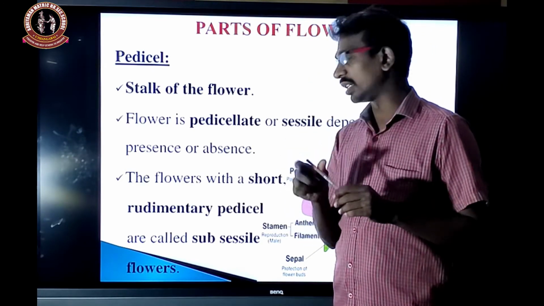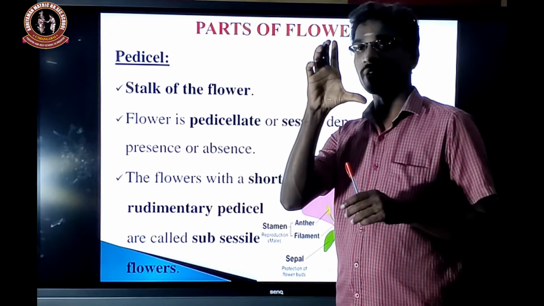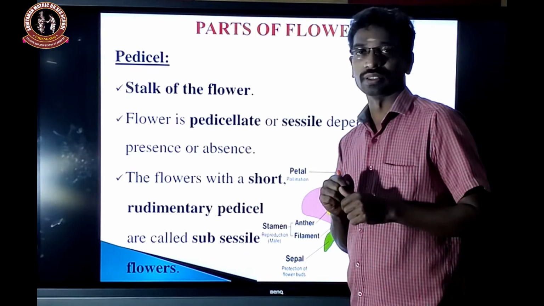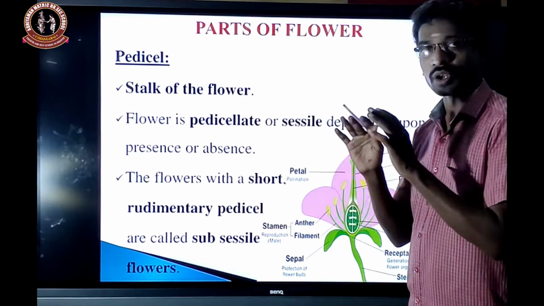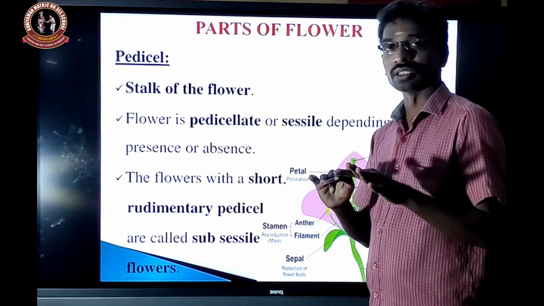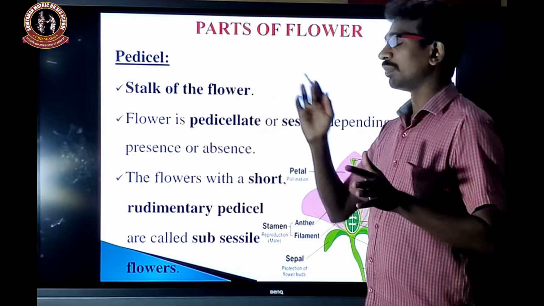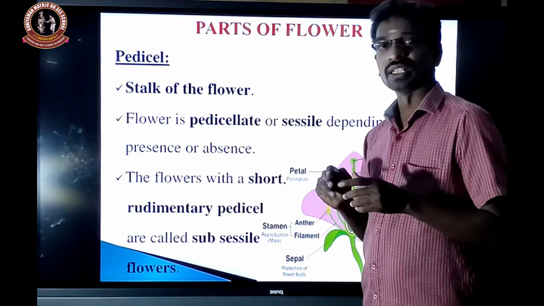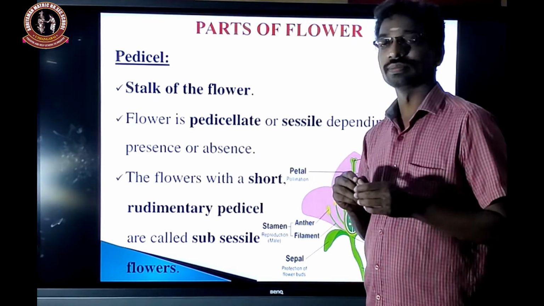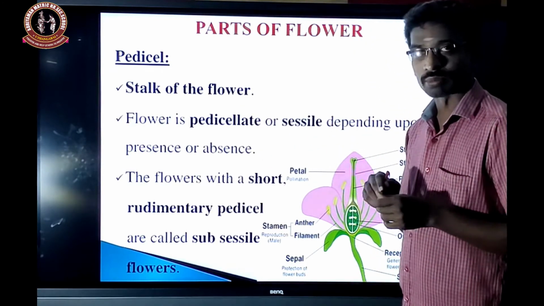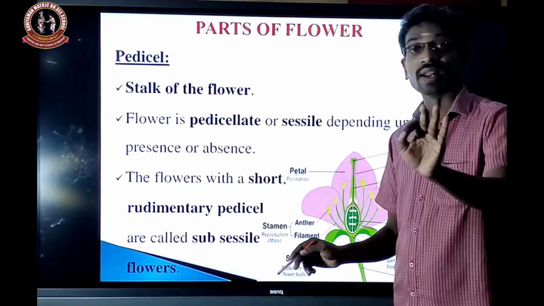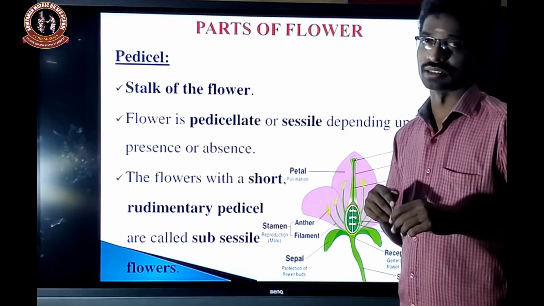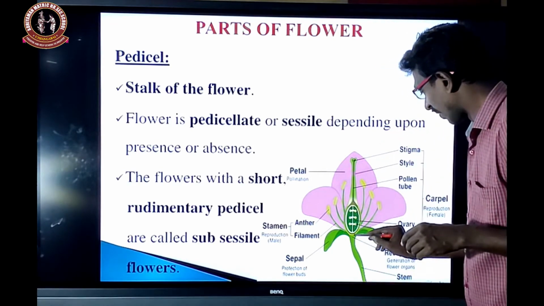So the flowers are broadly classified into three categories based on the presence and absence of pedicel: pedicellate, sessile and subsessile flower. In pedicellate flower, the stalk is present. In sessile flower, the stalk is absent. In subsessile flower, a rudimentary, very short stalk is present. So that is the stalk of the flower, that is the pedicel.